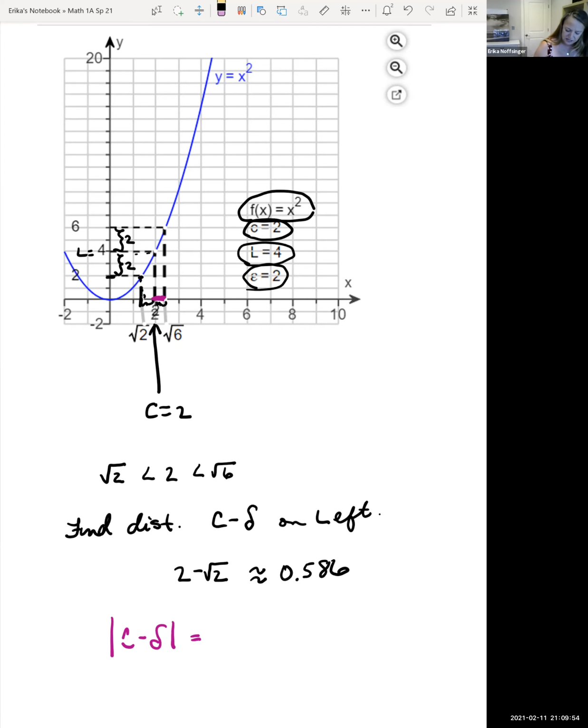Our C value in here is 2 minus delta, or actually, it's not delta, that's root 6. This is going to give us an approximate value, plugging in the calculator. So root 6 minus 2 is another way to do that, so we don't have to take the absolute value. We get approximately 0.449.